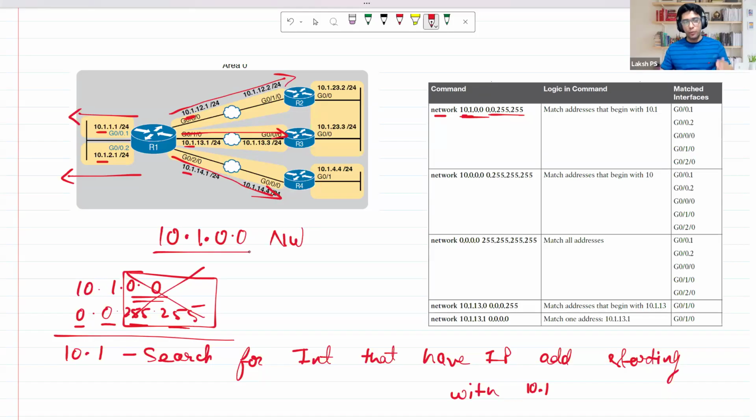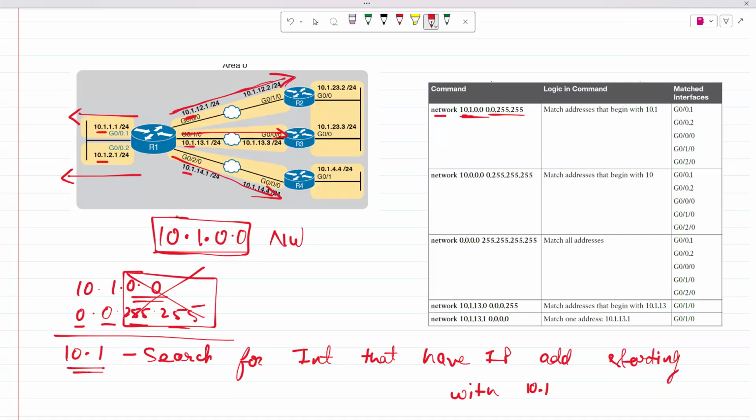So when OSPF identifies the interfaces that start with 10.1, it sends OSPF messages through those interfaces and talks about the 10.1.0.0 network.